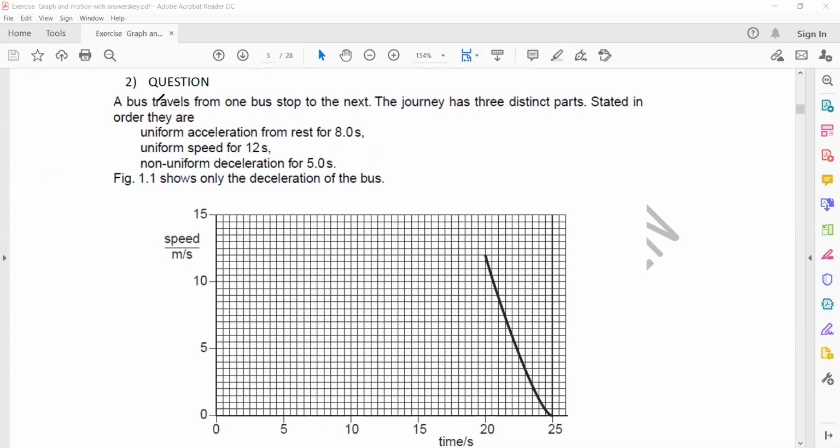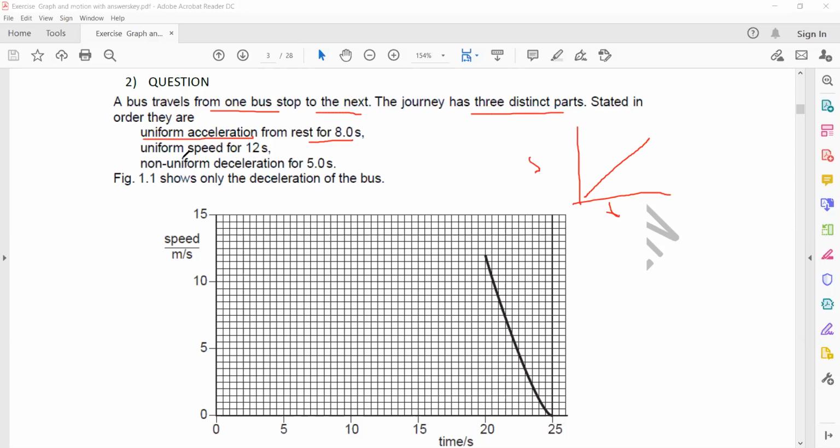In the question, they mention a bus traveled from one stop to the next. The journey has three distinct parts, three separate parts stated in order. A uniform acceleration for 8 seconds, so for uniform acceleration there should be a straight line on a speed-time graph.